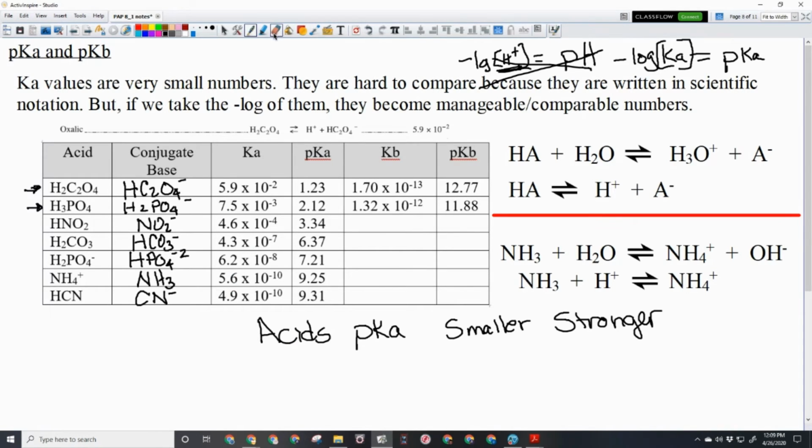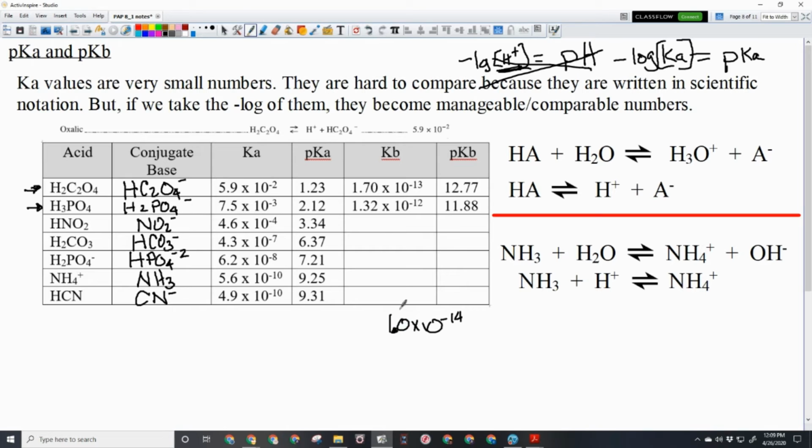Now let's talk about how we can get a Kb value from a Ka value, and that's going to be very important. Ka times Kb, these two values equal 1.0 times 10 to the negative 14th.